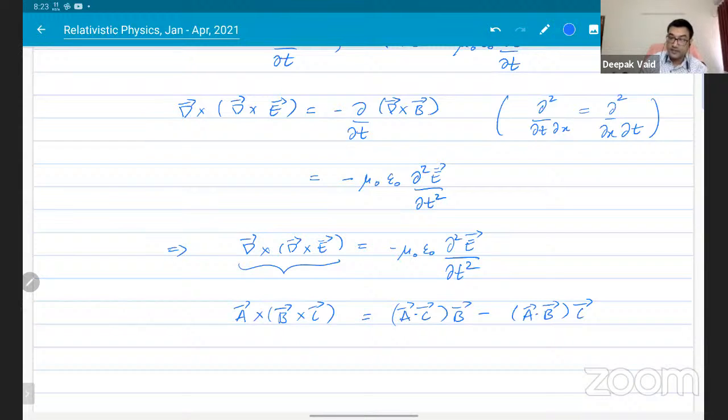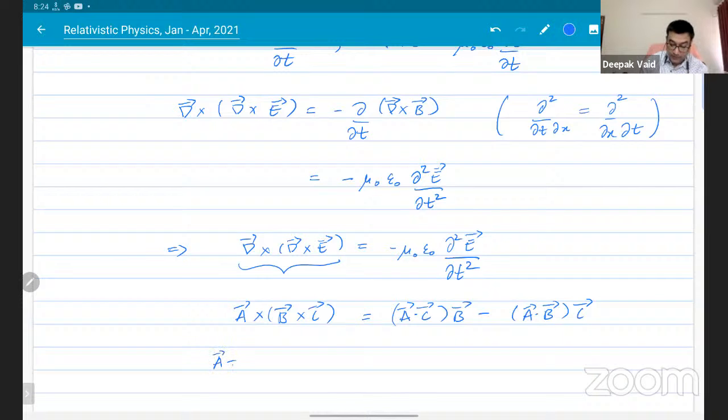So this is a vector identity. You can confirm it at your leisure. In fact, I should confirm this at my leisure now, because sometimes I get the signs wrong. Anyway, we will check whether I have the correct sign or not.